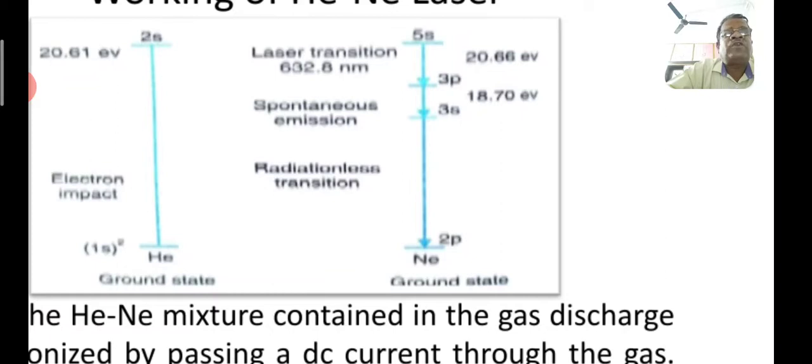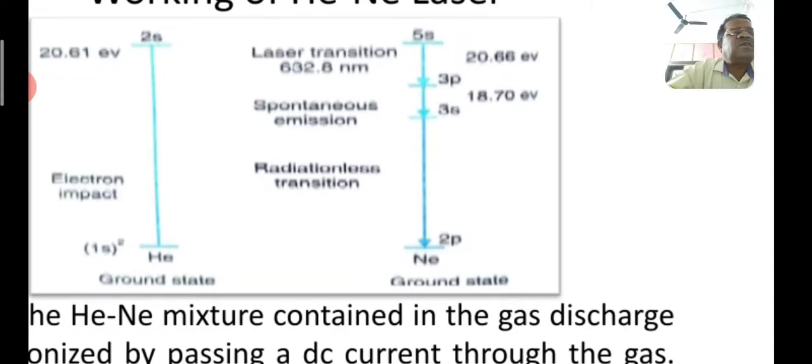Those two photons causing stimulated emission produce four photons. Thus, multiplication of photons takes place. As a result, within a fraction of a second, we get an intense beam of light which is highly monochromatic, perfectly parallel and coherent, which is known as the laser beam, and it emerges from the partly reflecting end face.